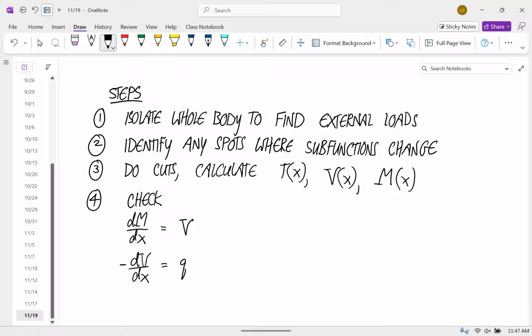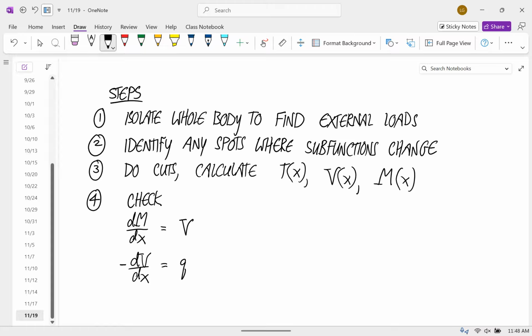If those checks work out, that doesn't mean you definitely got the right answer. It just eliminates certain stretches of the problem where you know you didn't make any mistakes. But it can help you find stuff.